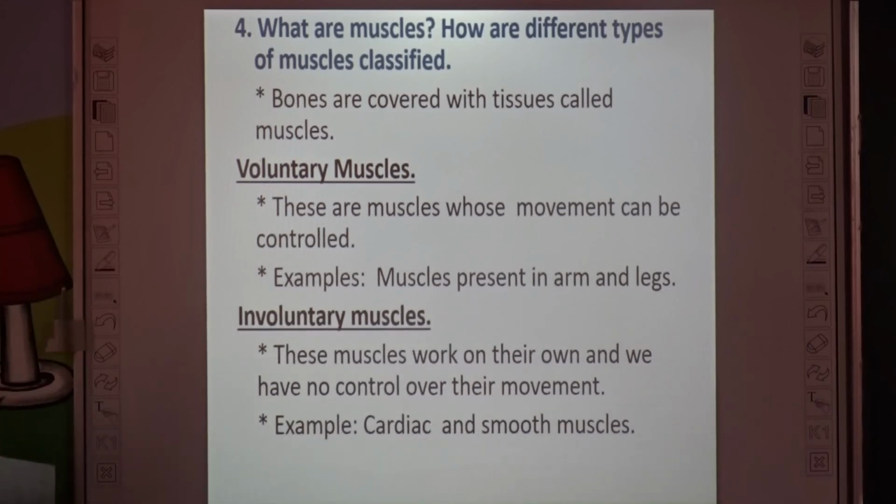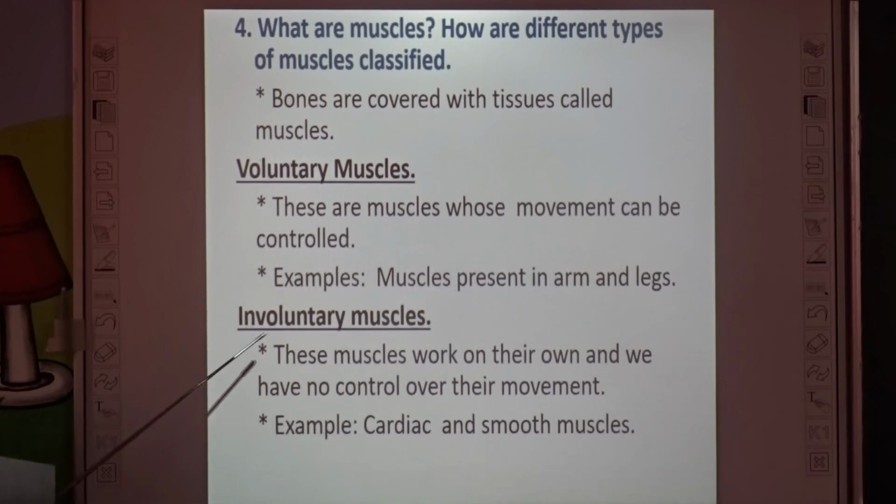We can raise the hand. We can run with the help of legs. We can control the movement, isn't it? We can run fast. We can walk slowly. We can jump like that. So these are muscles whose movement can be controlled. The examples are muscles present in arms and legs.